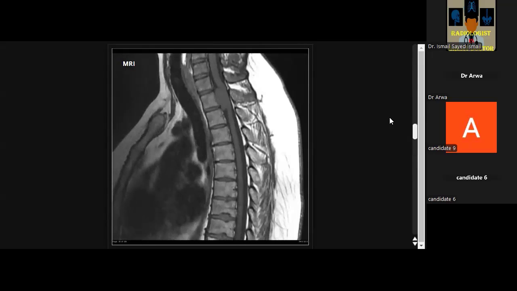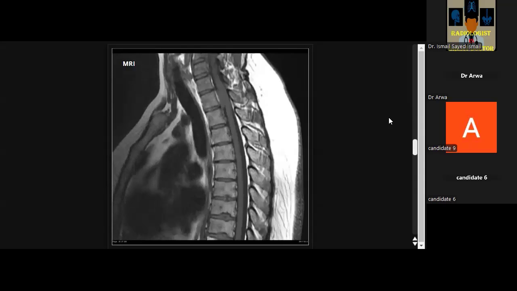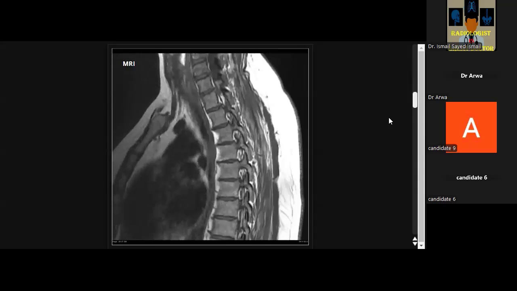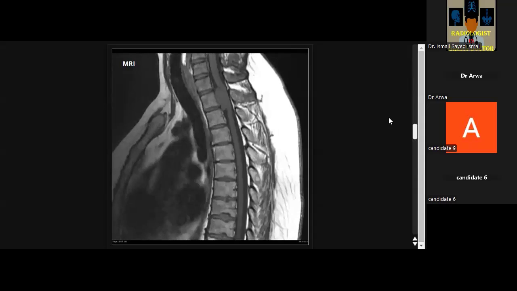Yes, there is a lesion in the spinal canal opposite upper dorsal levels, which is in the anterior epidural space. It shows T1 iso-intense signals as compared to the cord and causes significant compression upon the spinal cord. I cannot appreciate any internal area of hyperintensity to suggest hemorrhage or hypointense area to suggest cystic change.